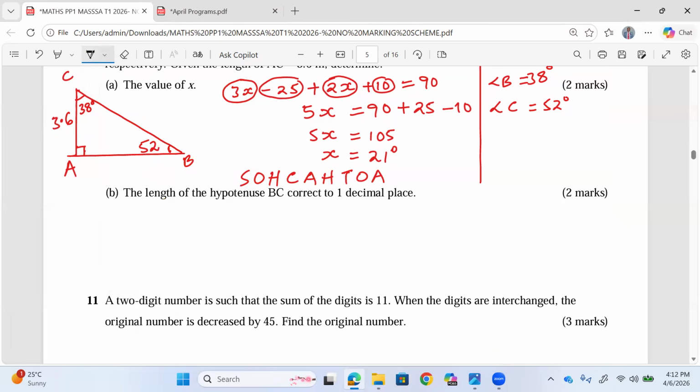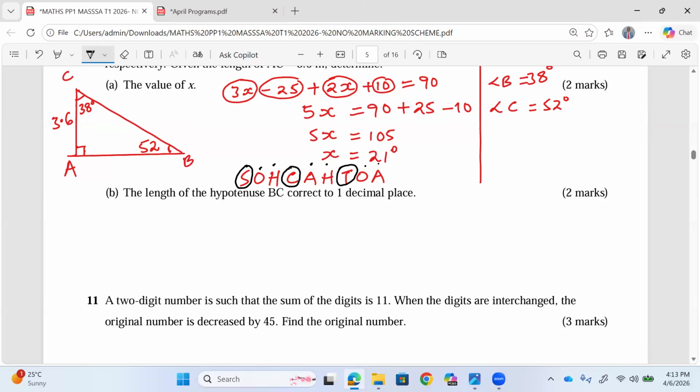Sine is given by opposite over hypotenuse. Cosine is given by adjacent over hypotenuse. So sine and cosine use the hypotenuse, the two of them. Then tangent is given by opposite over adjacent.